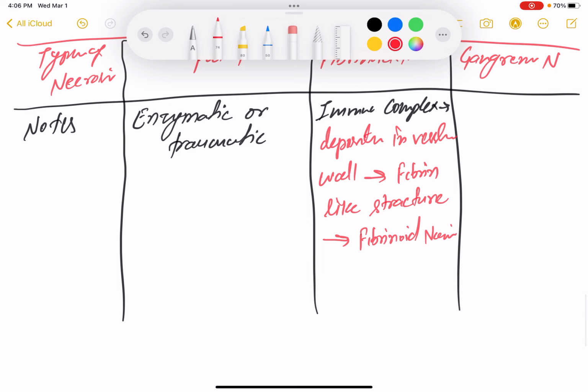In gangrenous necrosis there will be gangrene, dry gangrene or wet gangrene.